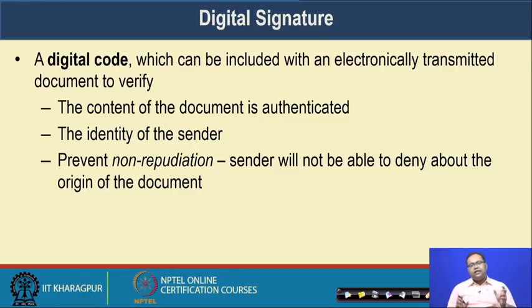So, a digital signature is a digital code which can be included with an electronically transmitted document. With this digital code, you can verify first of all whether the content of the document is authenticated or not.